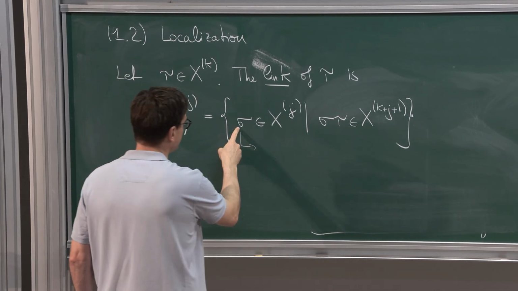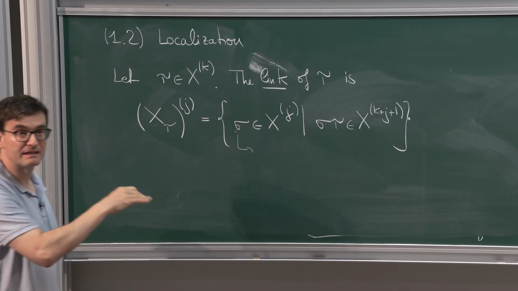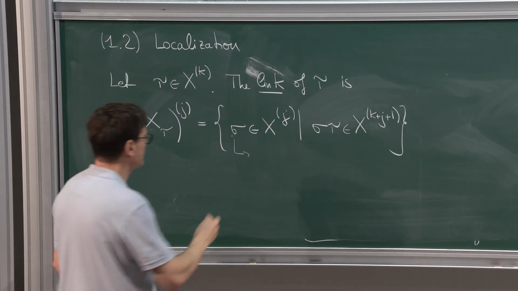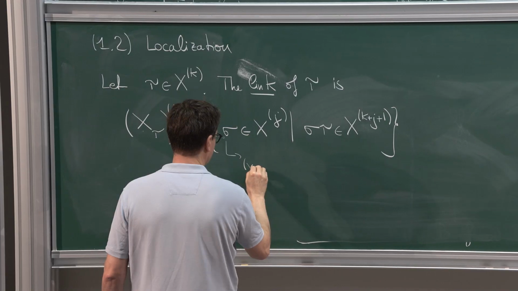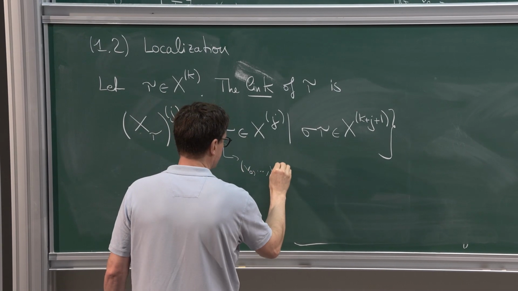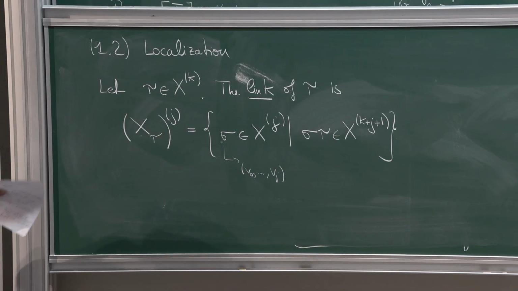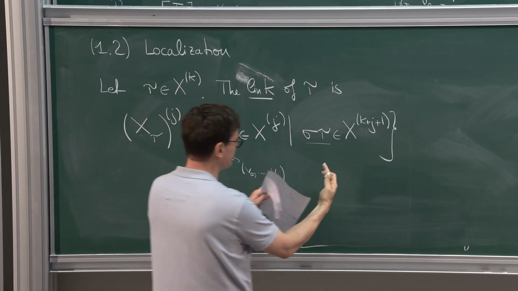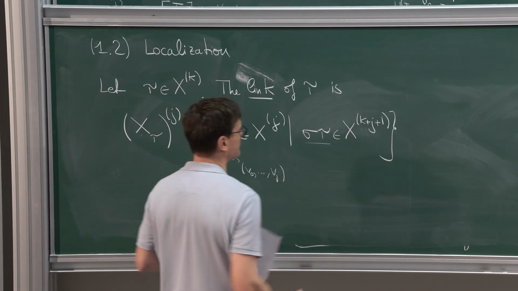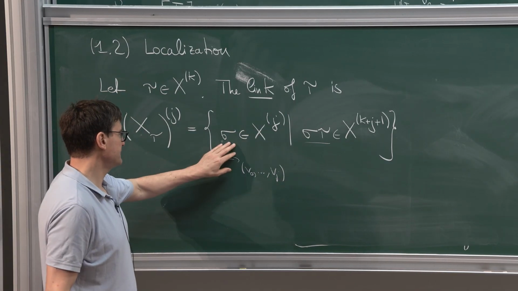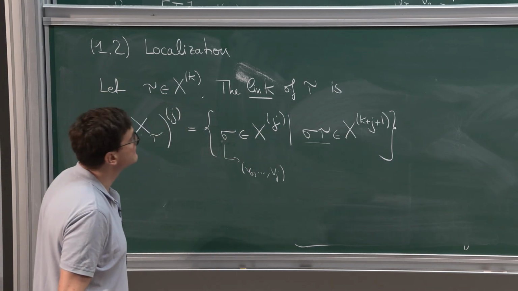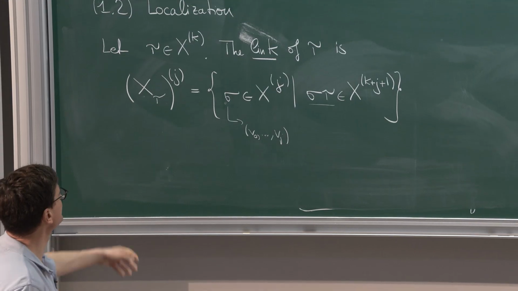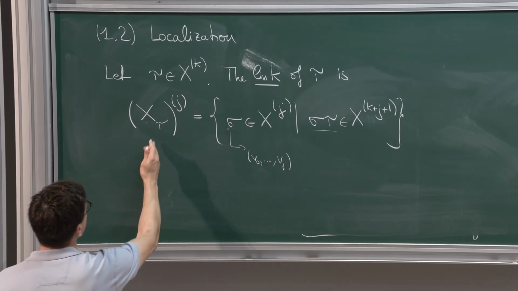In this notation, you should think of this J-simplex sigma here as an ordered set of J plus 1 vertices. It's given by its vertices. And if I write this, I just concatenate these two, right? I first write the vertices of sigma and then the vertices of tau. So all these simplices that, if I combine them with tau, give me a simplex of the corresponding dimension in X. This is the J-skeleton of this link.